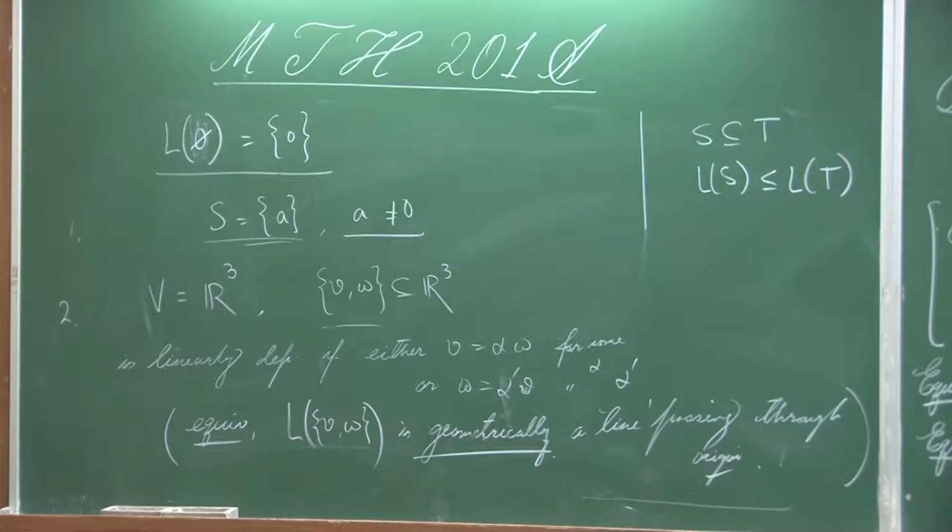If a subset is not linearly dependent, then we will call it linearly independent.